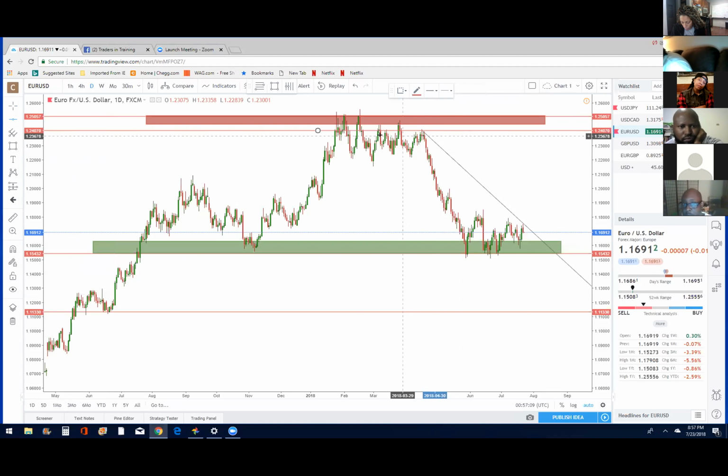Let me see. Tracy, is it just two, or do we want the market to touch at least three times or more when drawing the support line, or just twice? You want the market to touch at least two times to draw the line, but if it's hard for you to see it, go to your line chart.